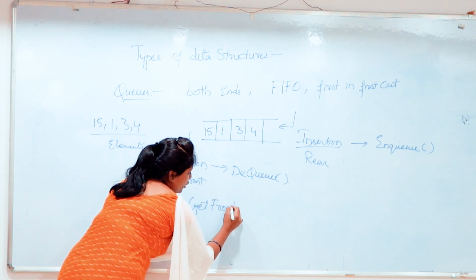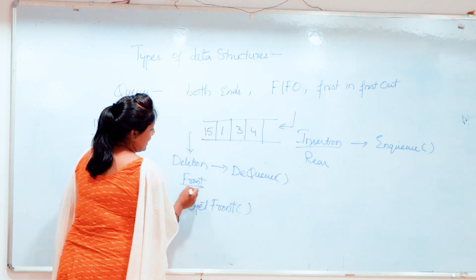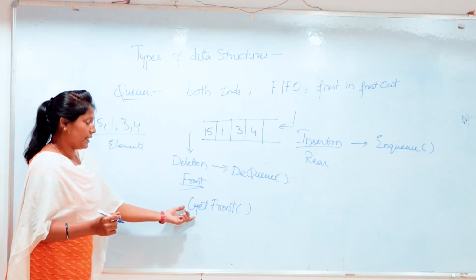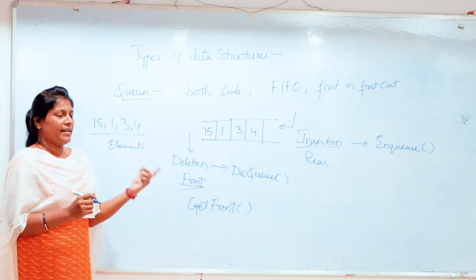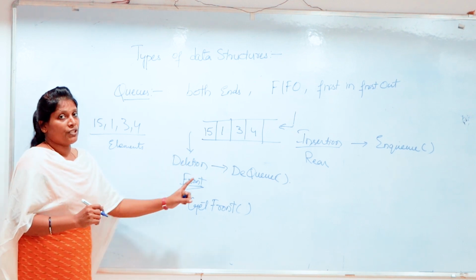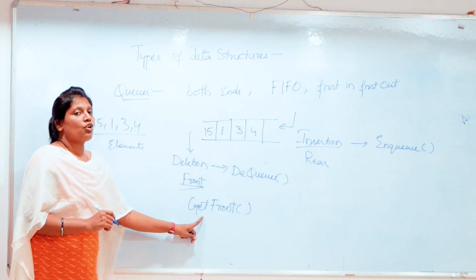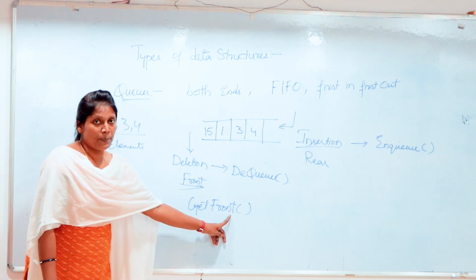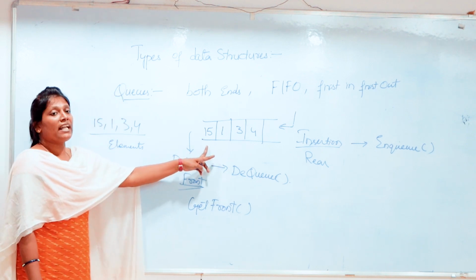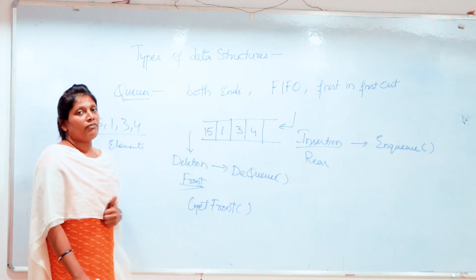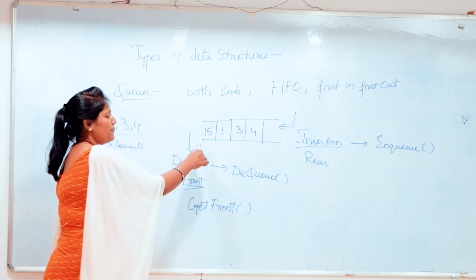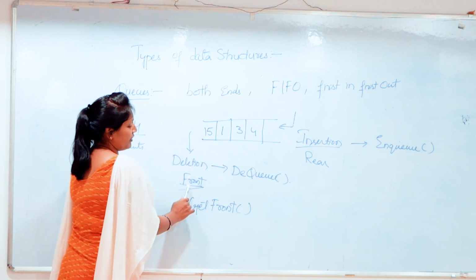As the deletion operation is performed at the front end, we use it to find which element is ready to be deleted. So now we will perform the deletion operation from the front end.